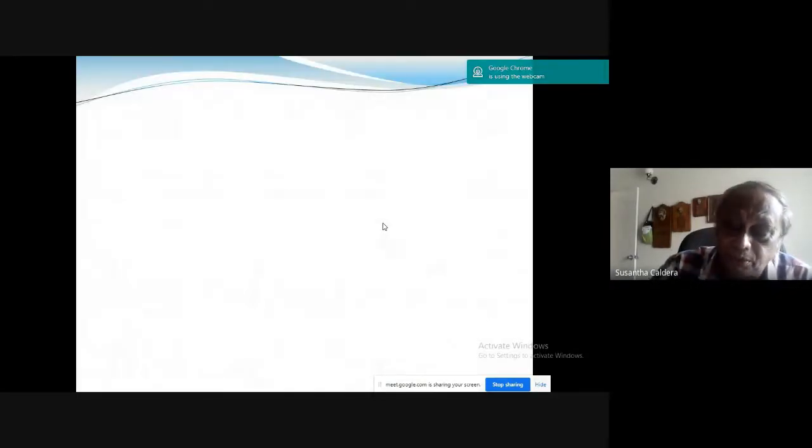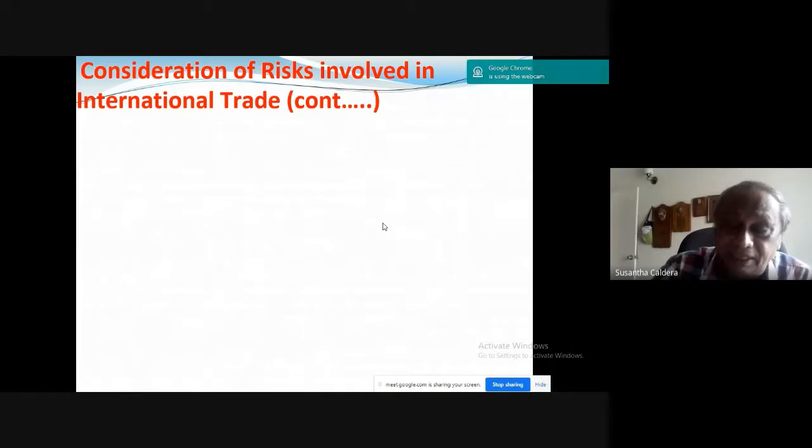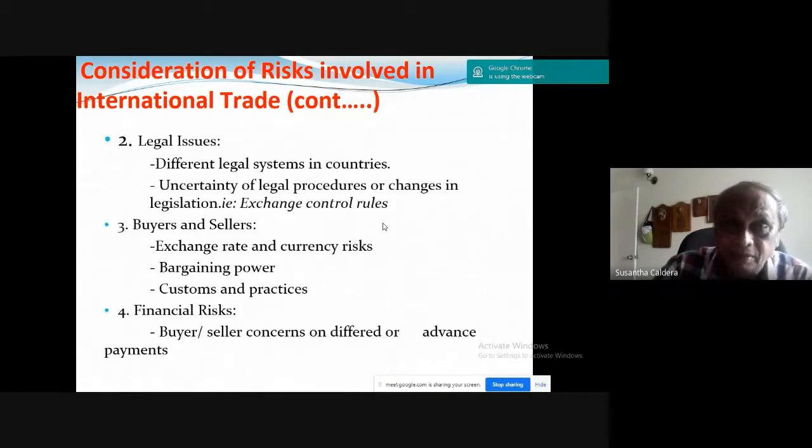So before you start business with those countries, you have to have a good understanding and knowledge of the legal issues in the different legal systems in countries. In Saudi, you get Sharia law, but in Sri Lanka, normal British law, right?